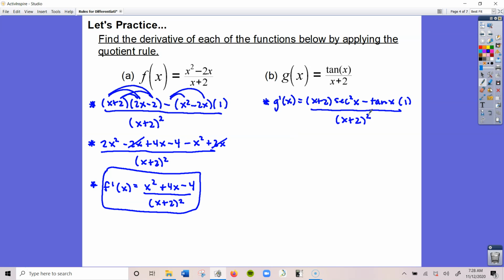When we look at this problem, if you were to distribute this x plus 2 with this secant squared, it's not going to help our derivative out, meaning that it's not going to look any nicer. So you don't have to actually distribute it. You can just leave this as x plus 2 times secant squared x minus tangent x, all over x plus 2 squared. You can't really combine anything else. You can't simplify anything at all. So this would be our derivative.